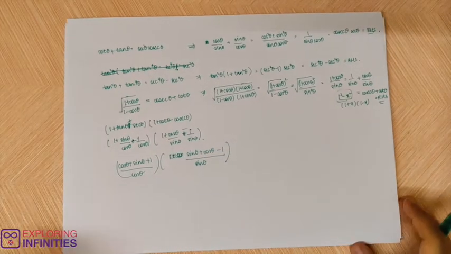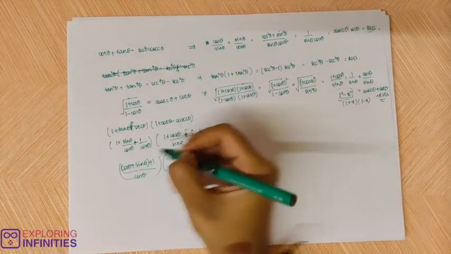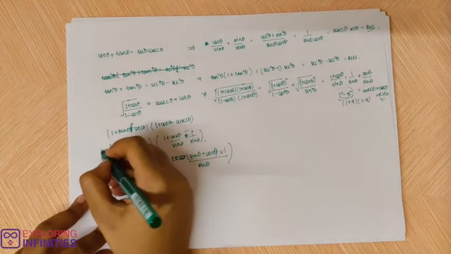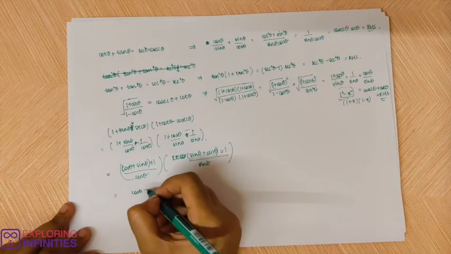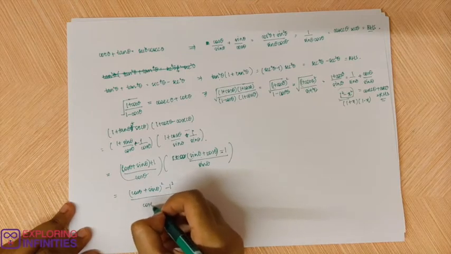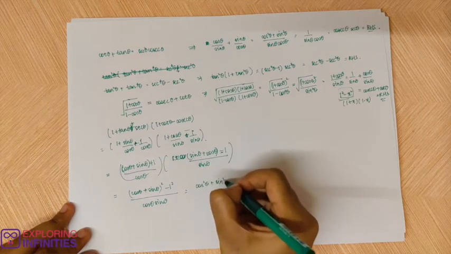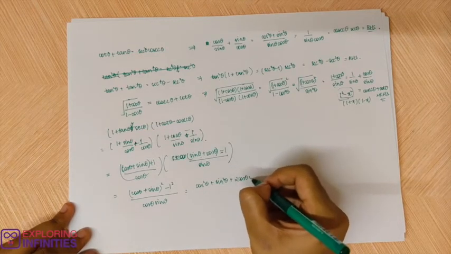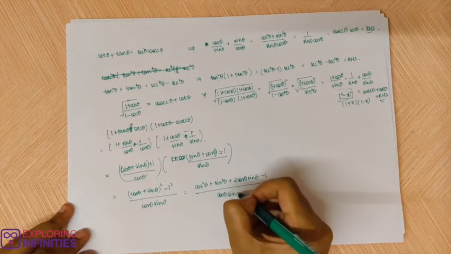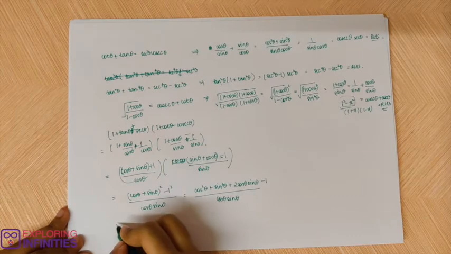I took the denominator as common. And now let's multiply both of these. If you put this as one bracket and this as another bracket, this is in the form of (a plus b) into (a minus b), right? So this will be (cos theta plus sin theta) whole square minus 1 square by cos theta sin theta. So that will be cos square theta plus sin square theta plus 2 cos theta sin theta minus 1 by cos theta sin theta, because (a plus b) whole square is a square plus b square plus 2ab.